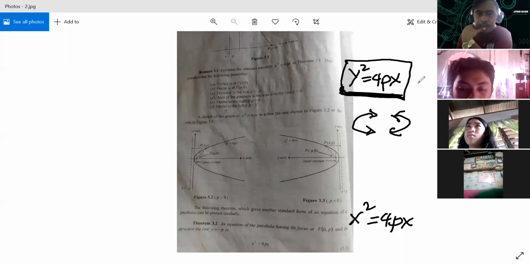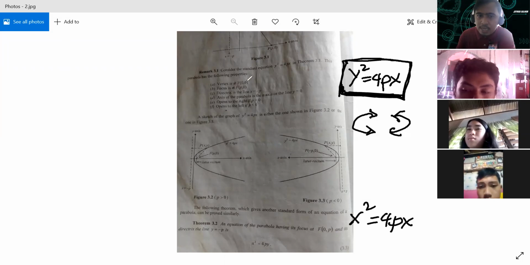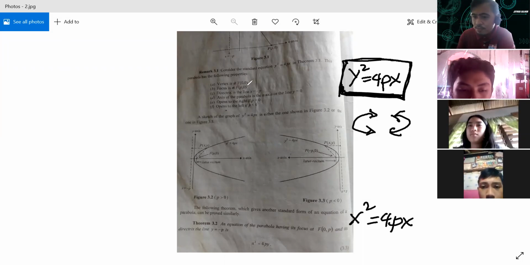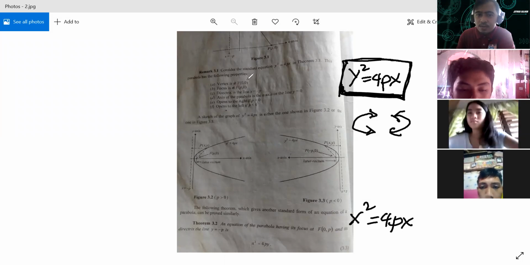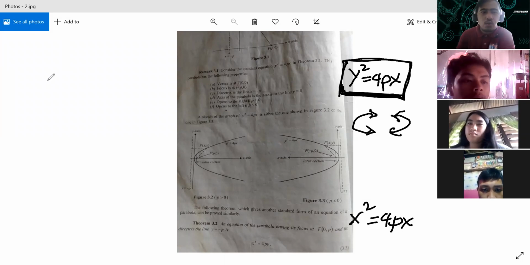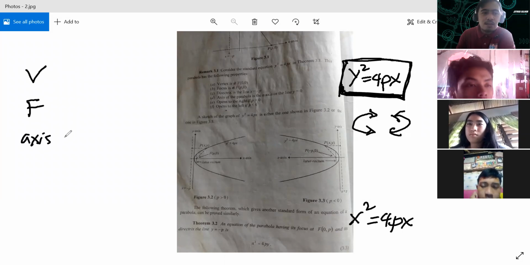Parehason ani nga form. And if after you determine your P, kung ingon ani gani nga form, class, automatic, the vertex is at the origin, 0, 0. Okay? Again, 0, 0. And then the focus, because you need to determine your vertex, your focus, the axis of the parabola.